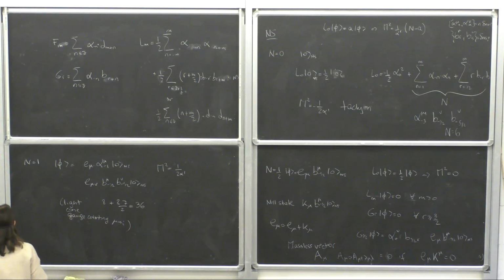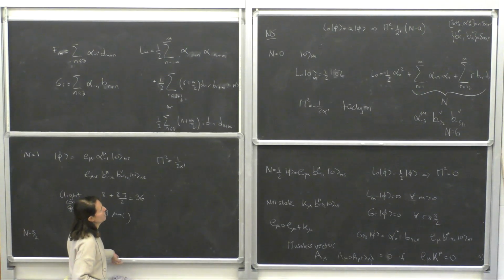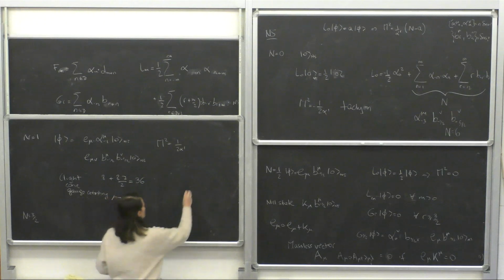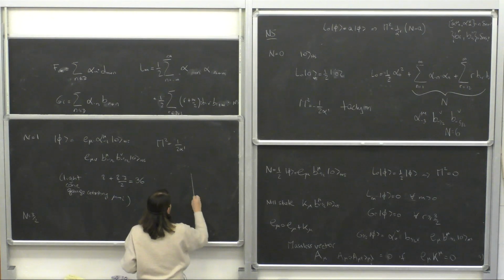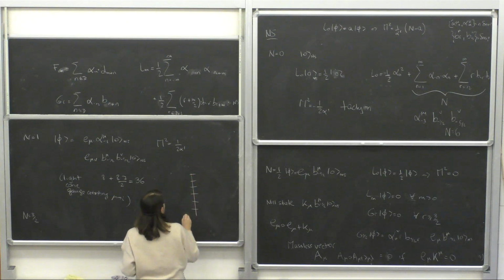Okay, and we can keep going. So the next level will be n equals 3/2, etc. So we have a tower of massive states. They start from the tachyon, minus 1 over 2 alpha prime.